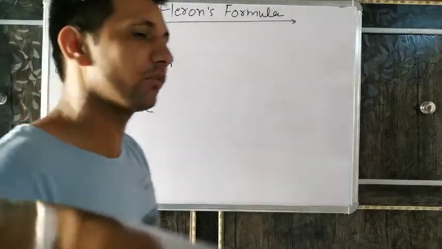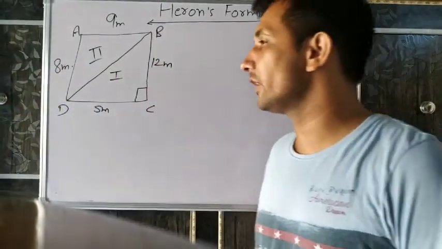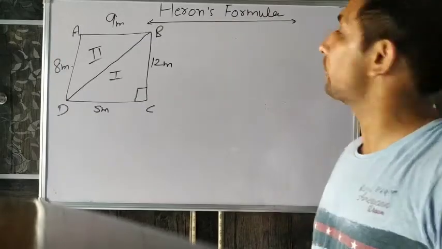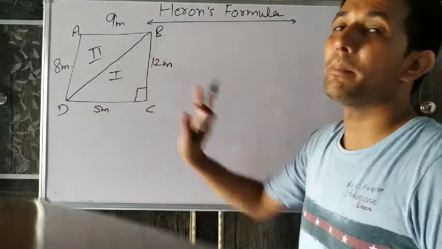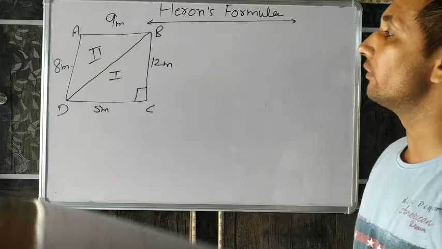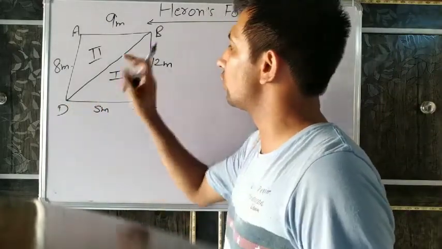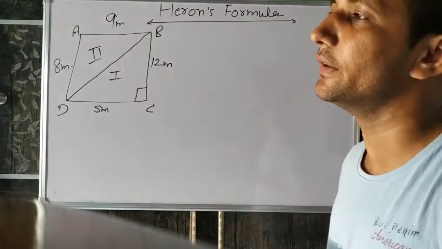We can find the area of a triangle in only two cases: if height and base are given, or by Heron's formula if all three sides are given. In triangle DCB also, only two sides are given. So how will you find it?